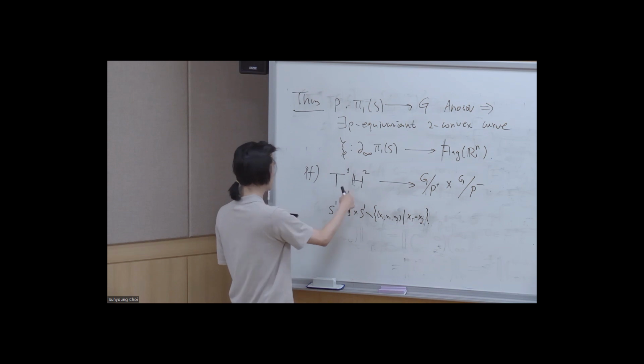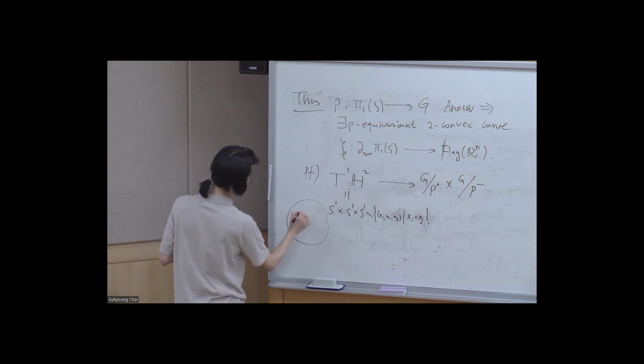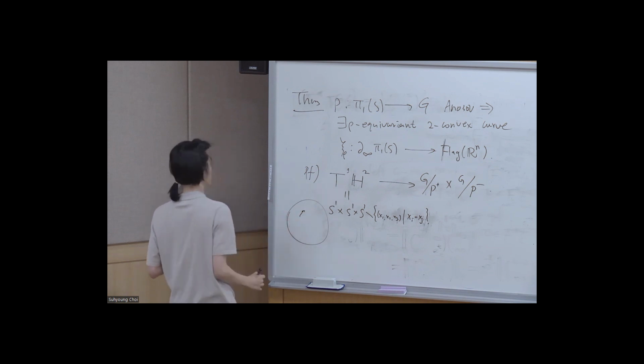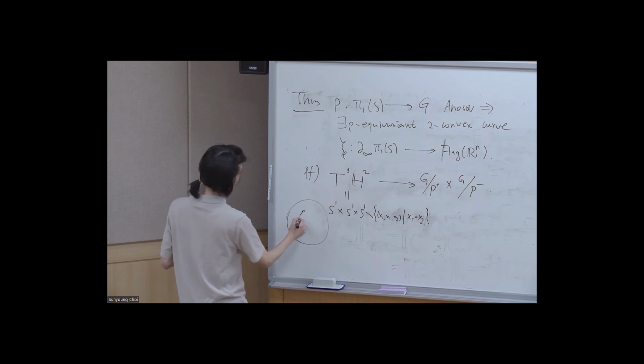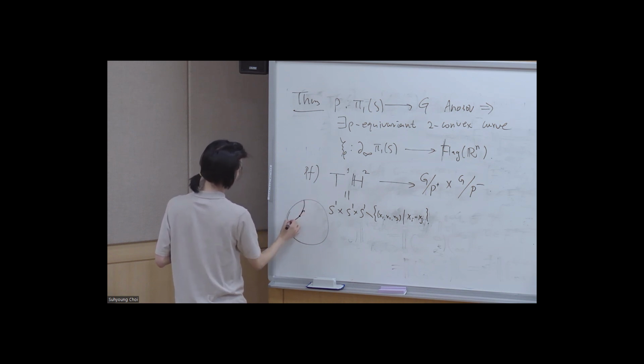And how do we identify this? Well, as I told you, the unit tangent bundle is nothing but a point and a vector here in the Poincare disk. Given this configuration, we can draw a geodesic that's tangent to this point, and we have two endpoints here, say x and y.